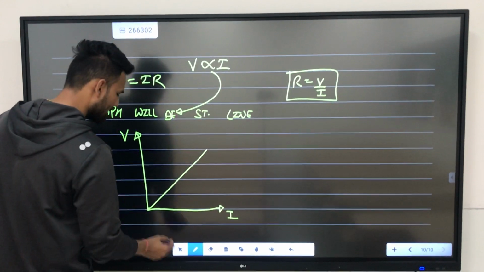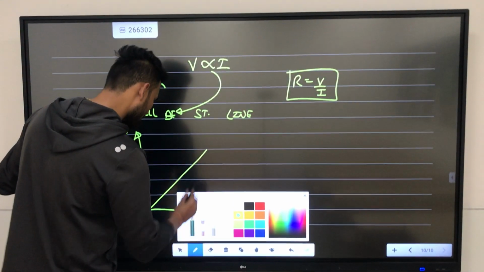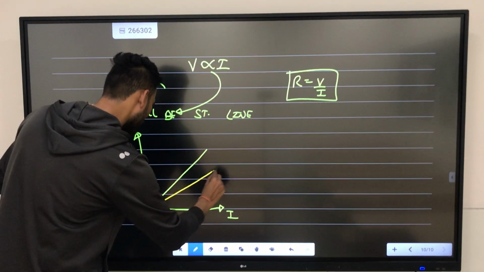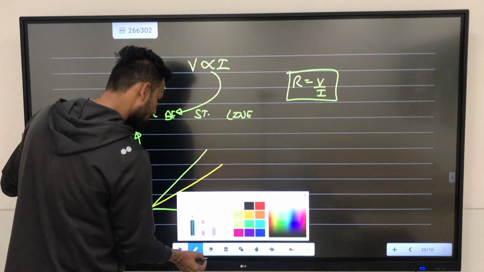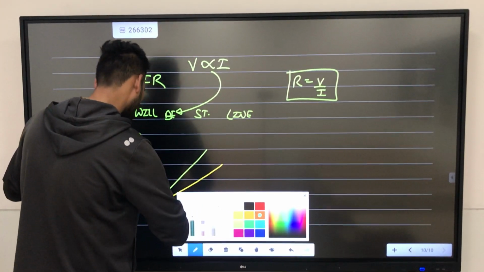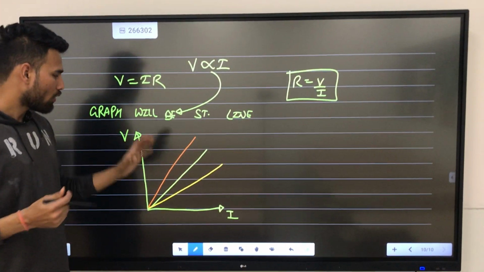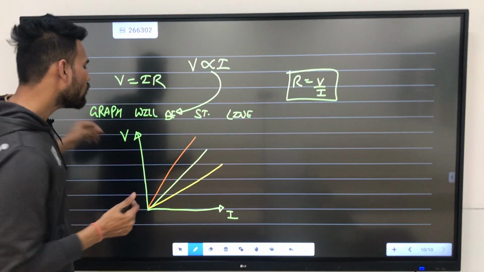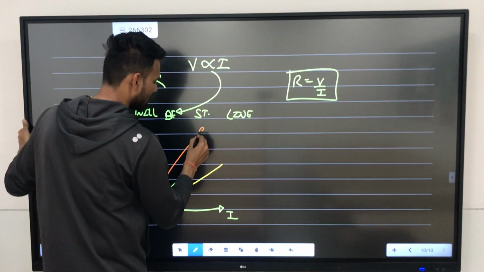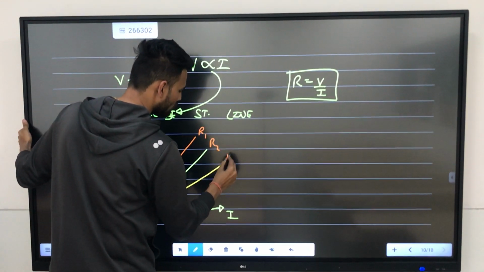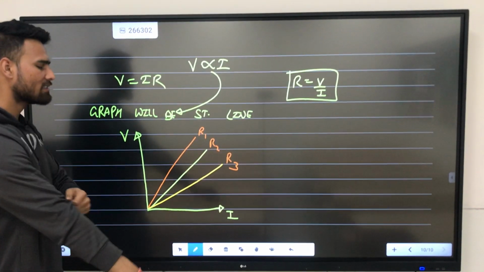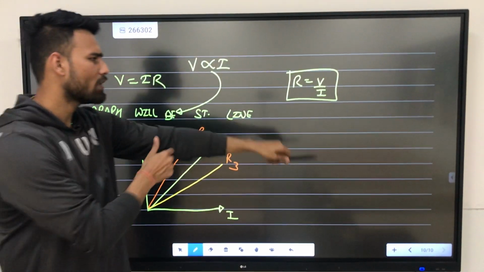Suppose there are three graphs, one this graph, one this graph, and one more graph, this one. If the question is asking whose resistance is greater, R1, R2 or R3? Sir, R is equal to V by I.